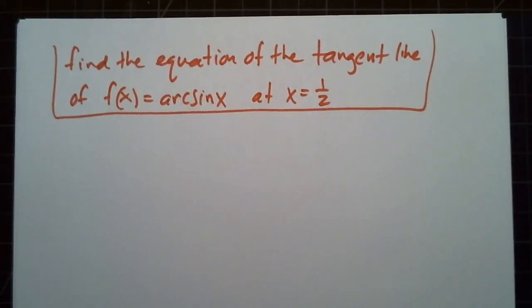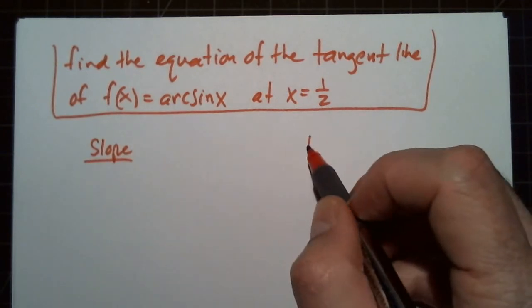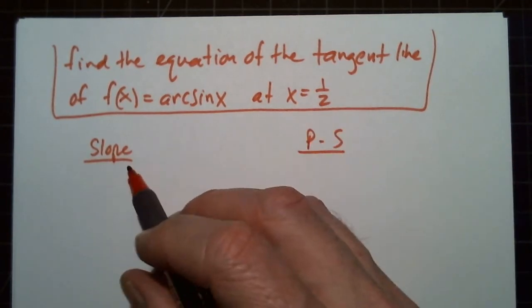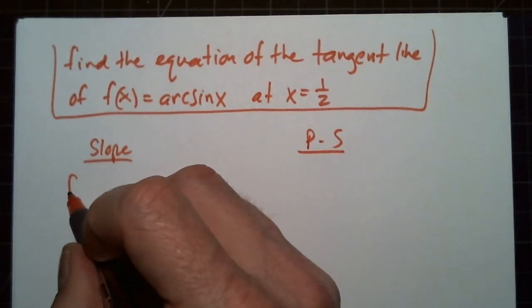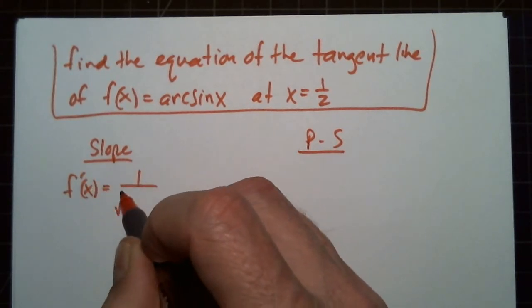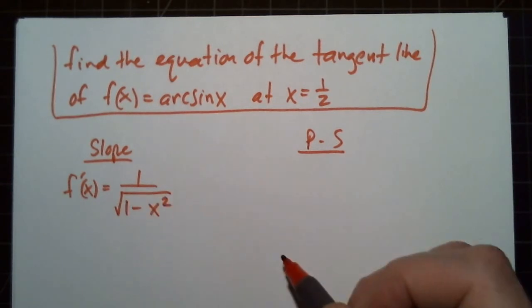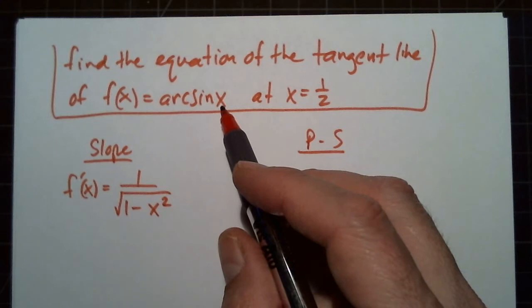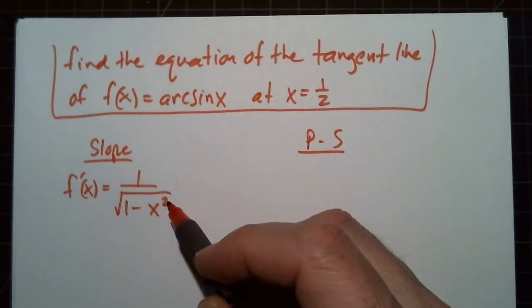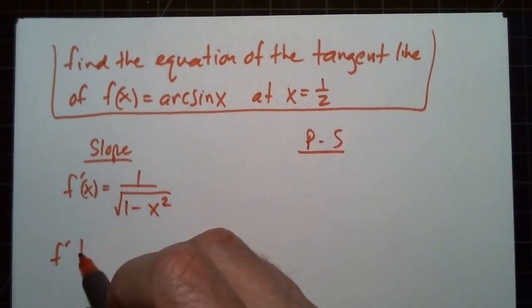All right, and pause the video, try this one. Slope and point slope. The slope is 1 over the square root of 1 minus x squared. So just arcsine, there's the formula for arcsine. We need the slope at 1/2.